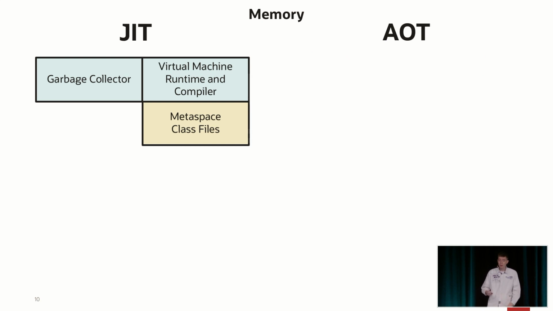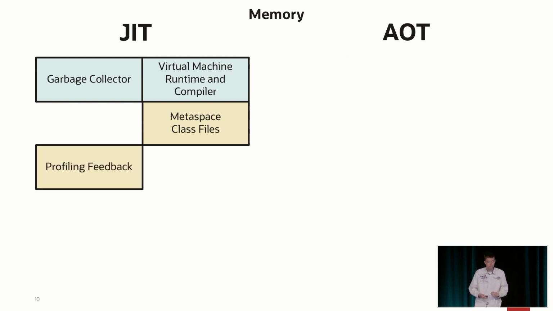So for example, there is metaspace for class files. In the HotSpot Java virtual machine, you can specify max metaspace or initial metaspace size because all the class file definitions, including all the names of the methods and local variables and classes in there, need to be loaded and put into the metaspace. All of this occupies memory.